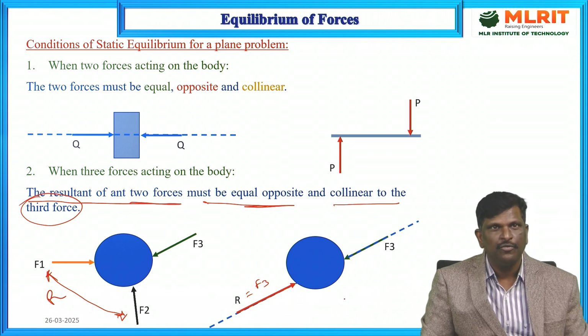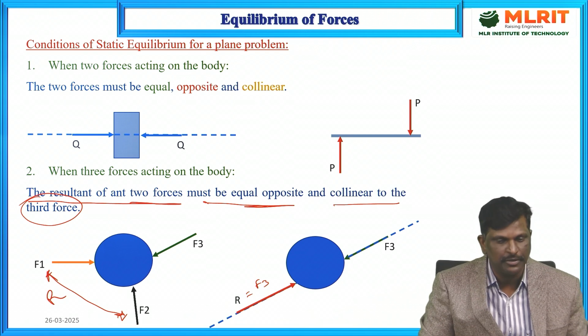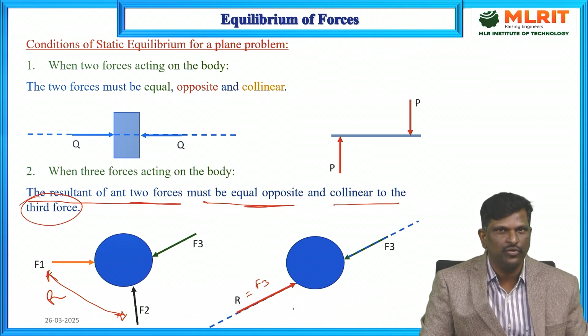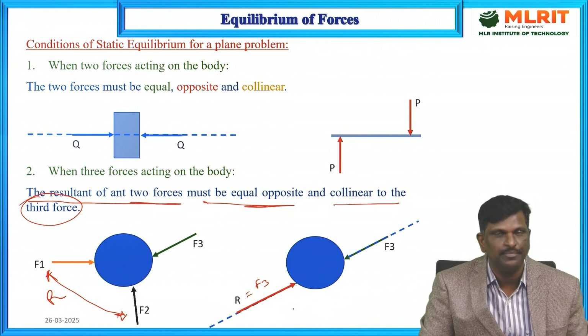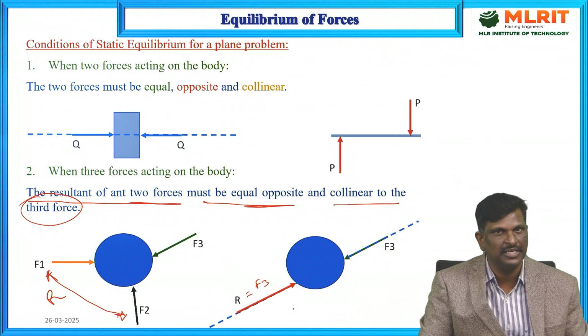If four forces act on the body, now tell me what is the condition for equilibrium. We can say the condition is that the resultant of any two forces must be equal, opposite and collinear to the resultant of the other two forces.